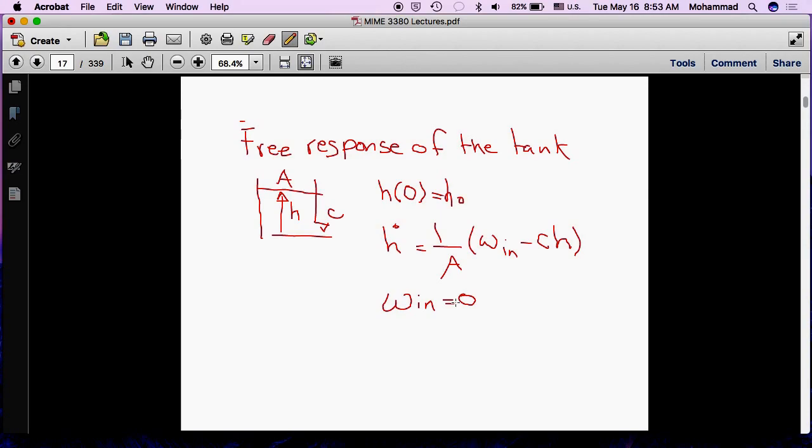So in absence of an input, what do we know about H? Let's start with H dot. What do we know about H dot? Absolutely. H dot is going to be negative C over A times H. Which tells you what?